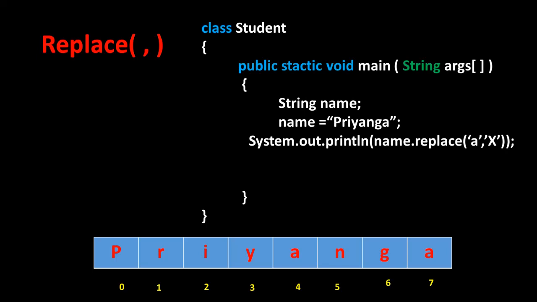So first I find what is a. Yes, a is there. This is a. And I replace it with x. So you will get an output as this.